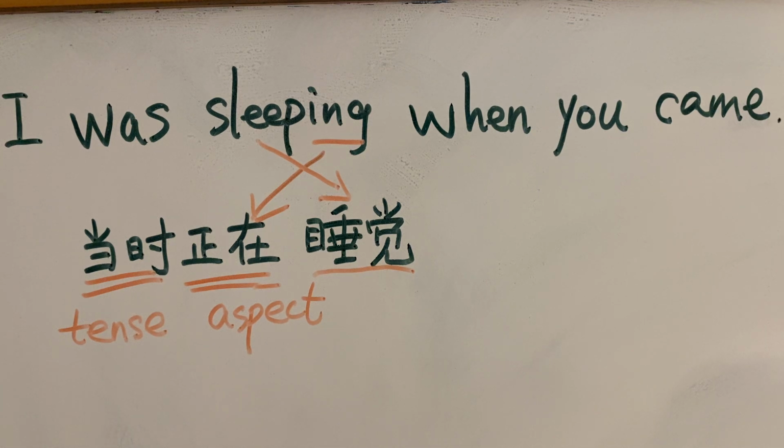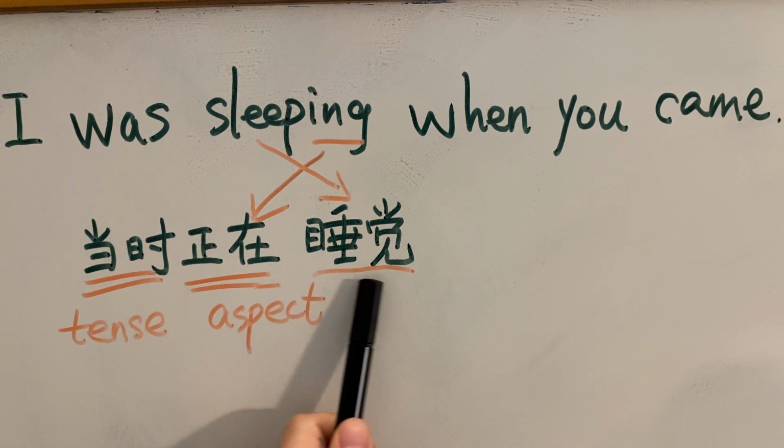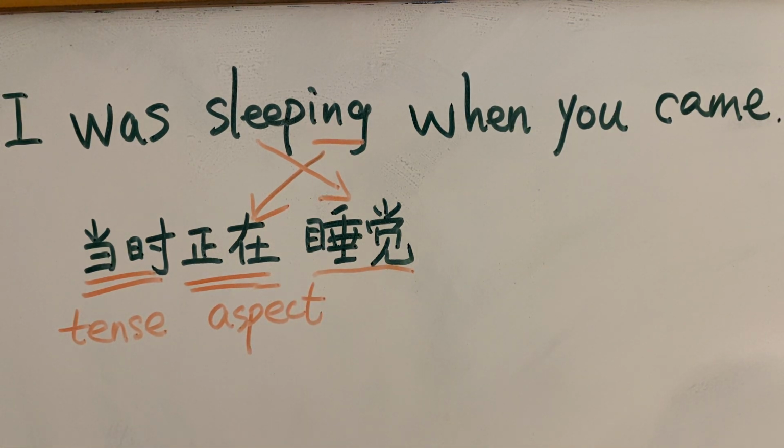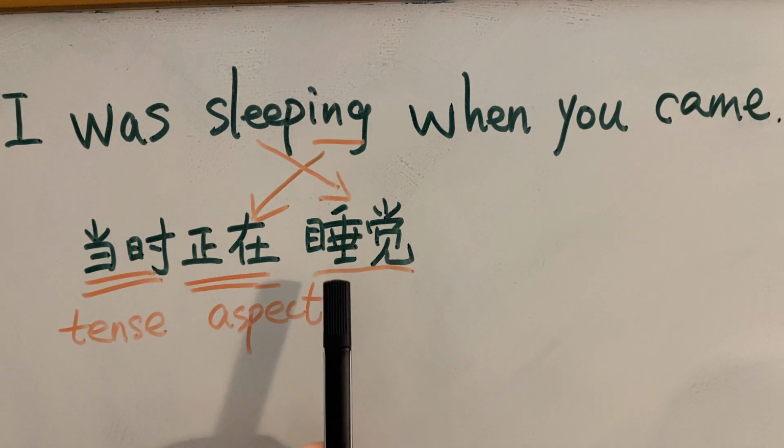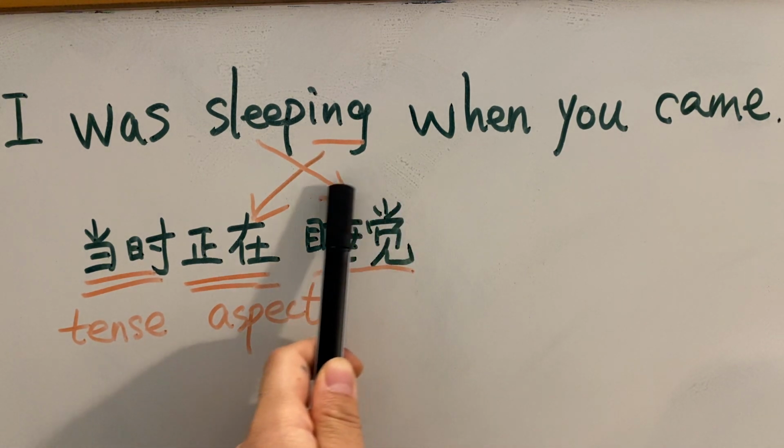So 睡觉, to sleep, always appears like this, whether you put these two characters as a subject or at the end of the sentence. The tricky part of Chinese is you don't change the verb.